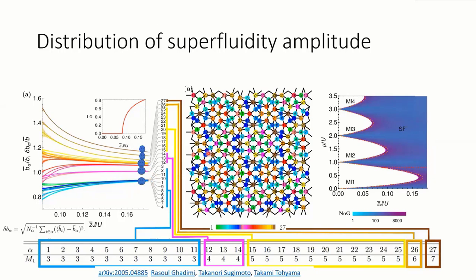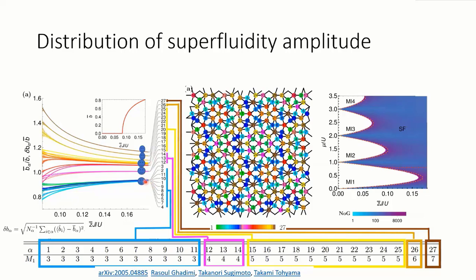I did this for 27 different vertex classes and show the plot here. You can see that at large J over U, the average superfluid amplitude in each vertex class groups together to become finally five different groups. This is exactly the number of different coordination numbers in the Penrose lattice.